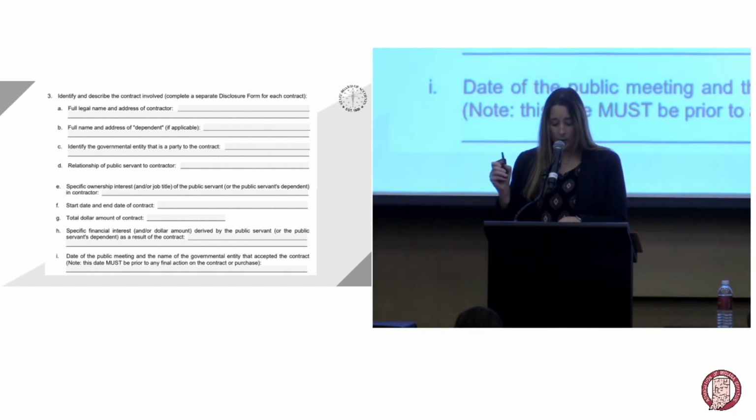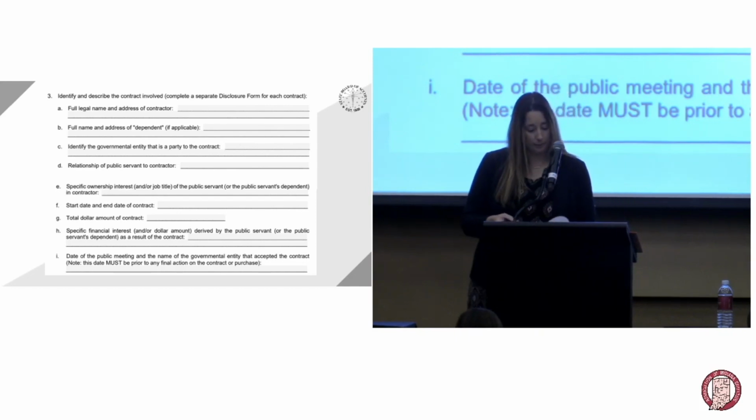Then on here it also includes the date of the public meeting and the name of the governmental entity that accepted the contract, okay? And again, that date has to be prior to the final action of the contract or the purchase.